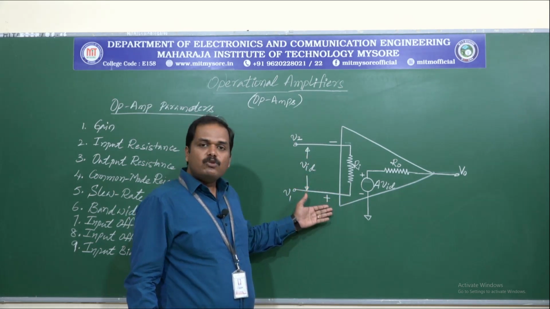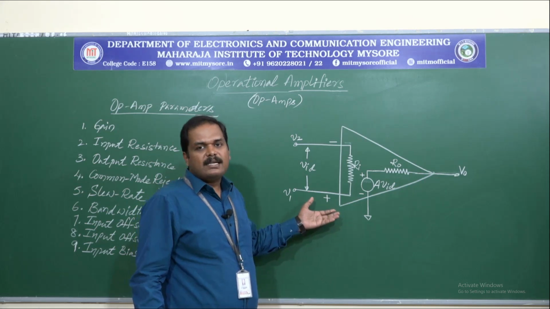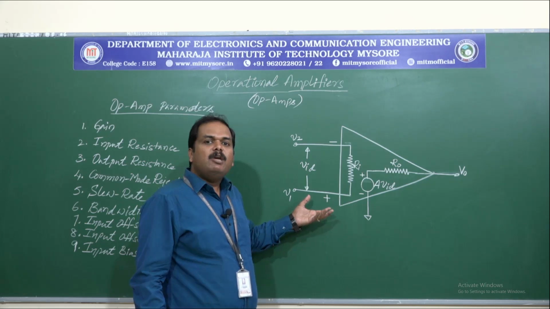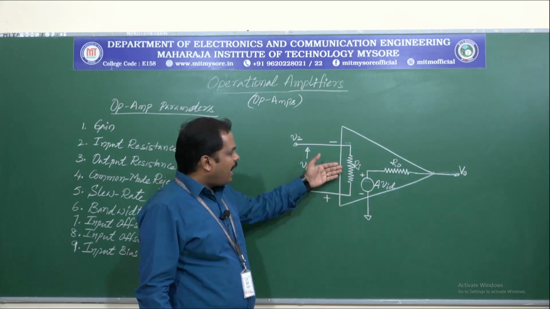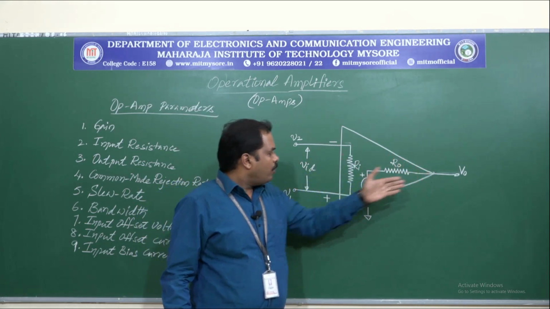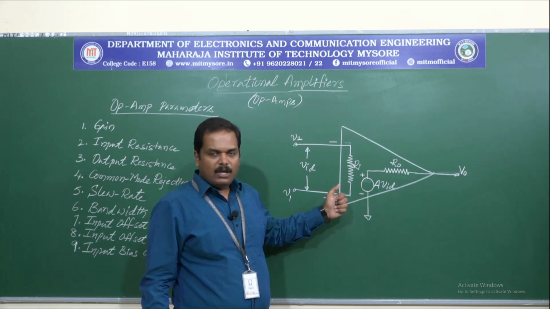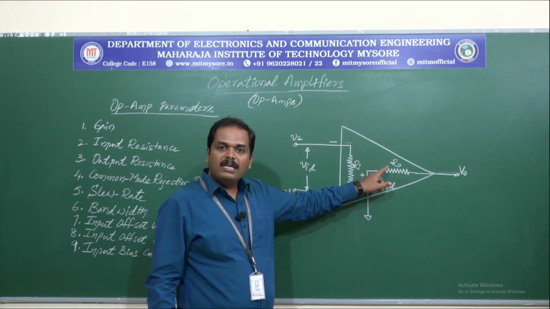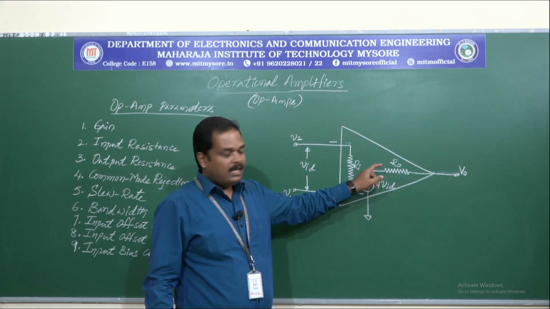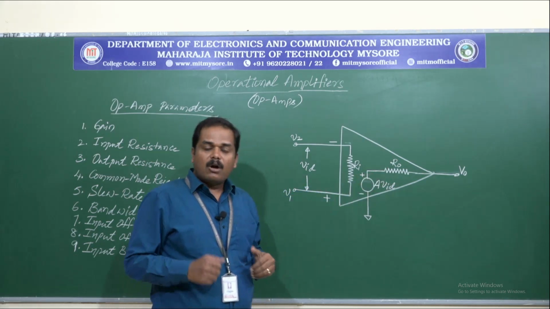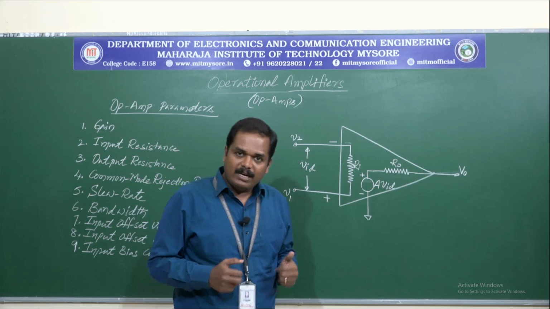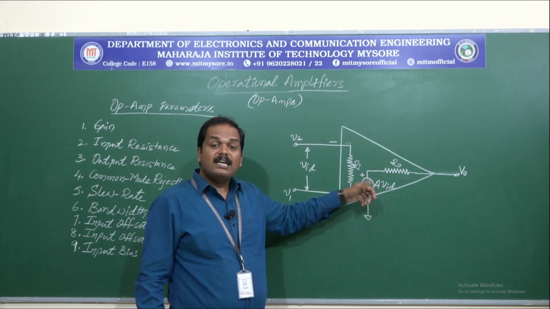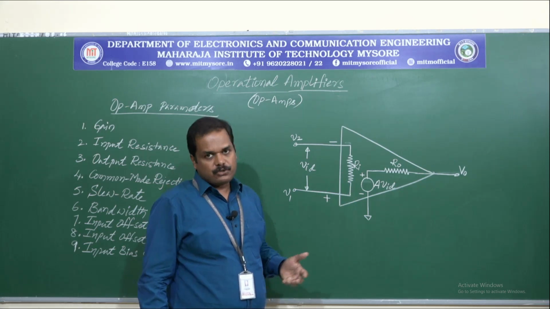This diagram shows the equivalent circuit for the op-amp, and it involves the important parameters Ri, R0, V0 and A, where Ri is the input resistance and R0 is the output resistance. R0 is also called Thevenin's equivalent resistance, and A into VID is the Thevenin's voltage source.